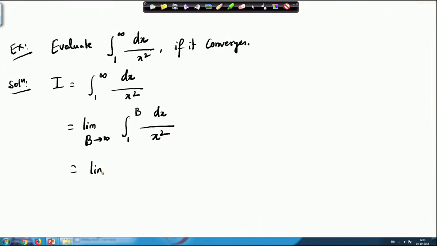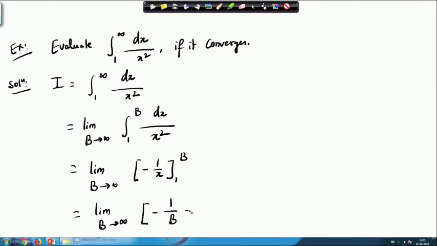If I integrate the integrand, then I will end up with minus 1 by x from 1 to b, which is minus 1 by b plus 1. So, when b goes to infinity, 1 by b will go to 0, and therefore we will end up with 1, and this implies that our integral I is again convergent.